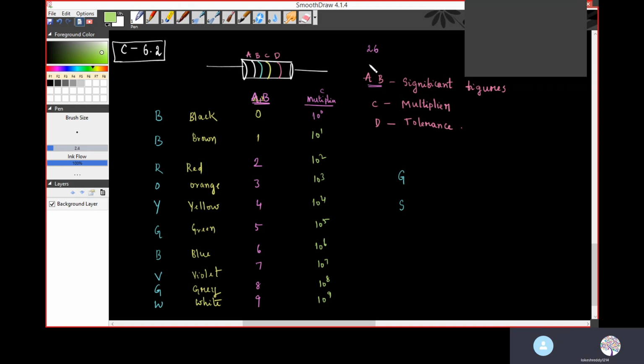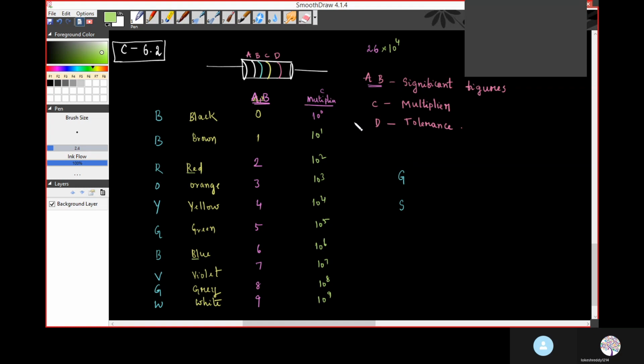So the first one is red, then blue, which is 6. So I wrote 26 for A, B, and I will write it into the multiplier. Yellow is 10 power 4.